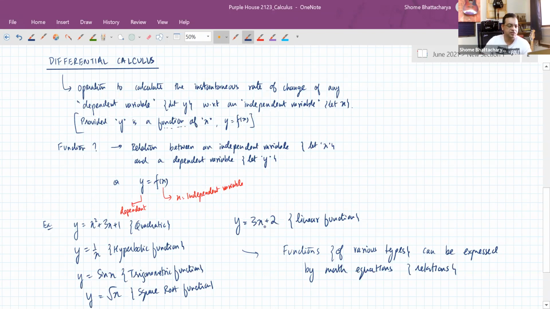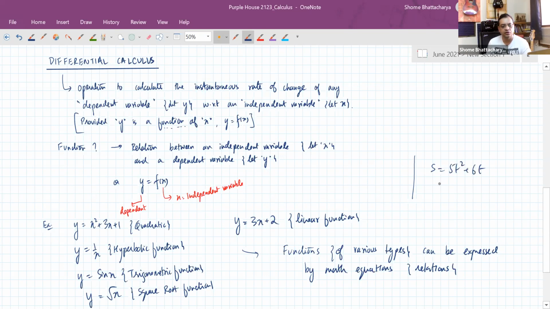That technically speaking, certain types of relationships only can be used to describe a function, and certain types of relationships should be excluded from what we can use to define a function. But at this stage, it is enough for us to define a function in this way only, that it relates two variables y and x. Okay, y and x are just the standard names that we use for the variables. Okay, we can always have something like s is equal to, let's say, this.